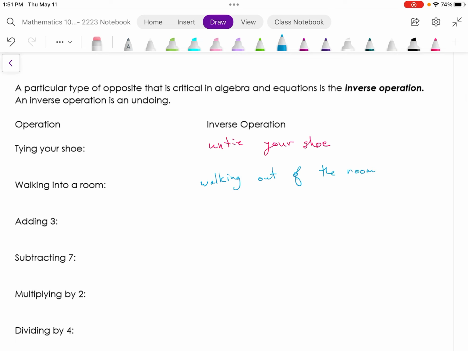And what's interesting is if the operation was to walk in and you do the inverse, walk out, you're in the same place where you were before you started. Now, the inverse of adding 3 is subtract 3.